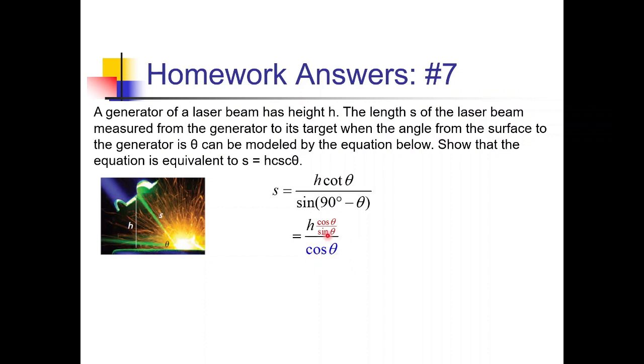So multiplying the numerator by 1 over cosine, that gives me h cosine of theta over cosine times sine of theta. Once I've set it up like this, these cosines can cancel out. So now I just have h over sine of theta. And 1 over sine is really just cosecant, so I can turn this into h cosecant of theta, which is what I was trying to show from the beginning.